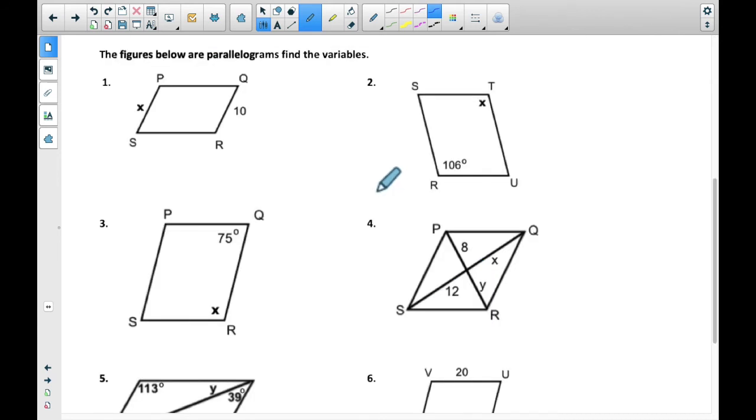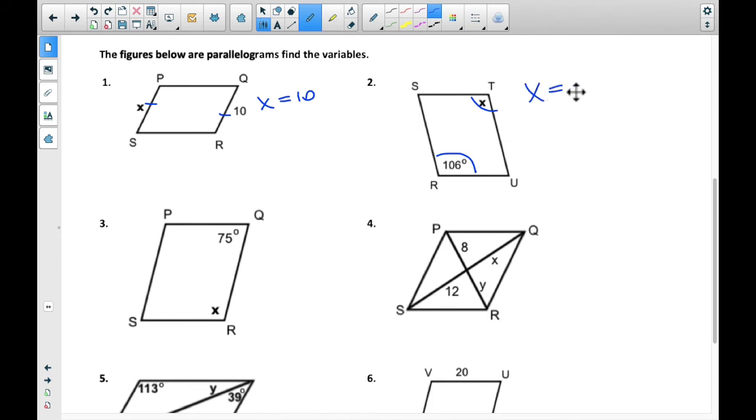So in this next part, we're going to go through some examples and see if we understand what it means. So this one goes back to the very top. Opposite sides are congruent. That is, this is congruent to this. So in other words, x is 10. Okay, this one talks about the angles, and we have a rule that says that the opposite angles are congruent.